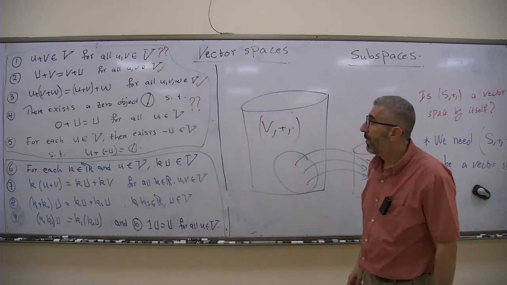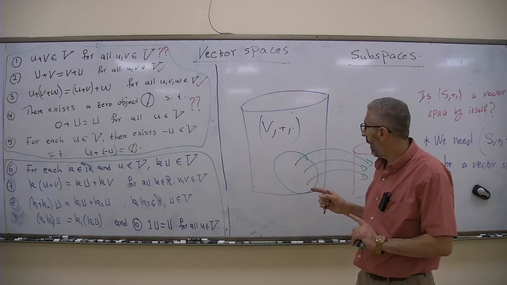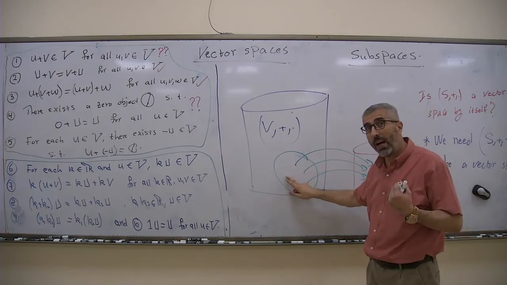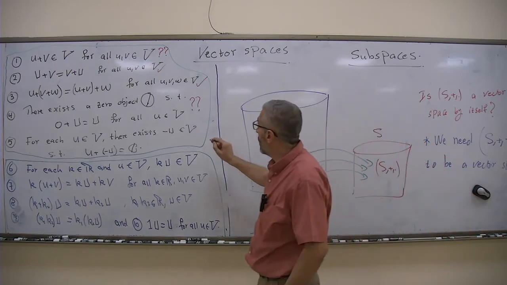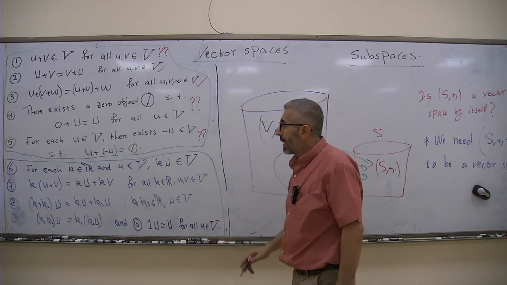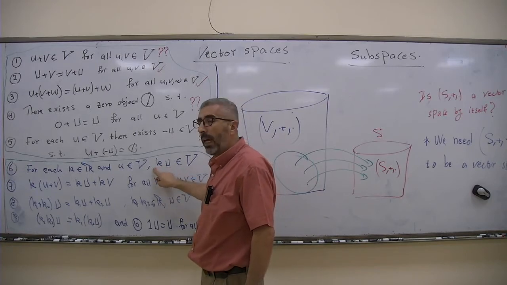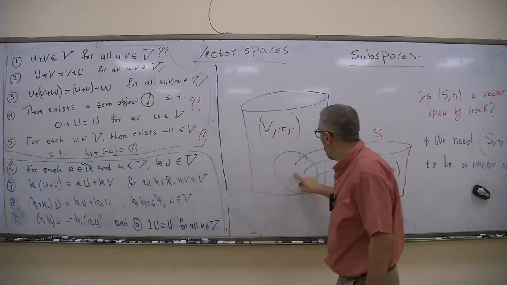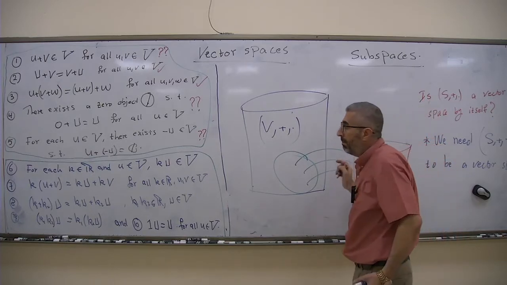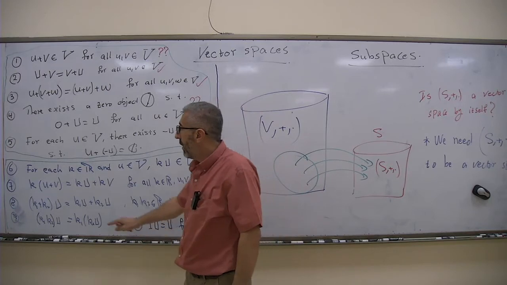Number 5. For each u, there is a negative u. Well, when we took u here, did we take also negative u with us? That is not sure. Number 6. u, k, ku. So when you take here u, does it mean you took all scalar multiples? That is not sure. What about number 7?